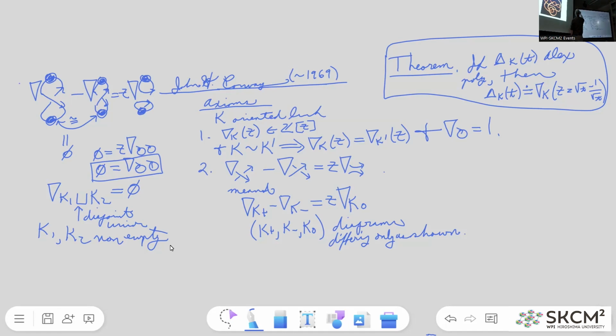What will happen if I take the Hopf link here? Of course I want the trefoil now to handle. If I wanted the Hopf link, here's the Hopf link. Okay. Hopf link. And we have nabla of the Hopf link minus nabla of, now that's a negative crossing.